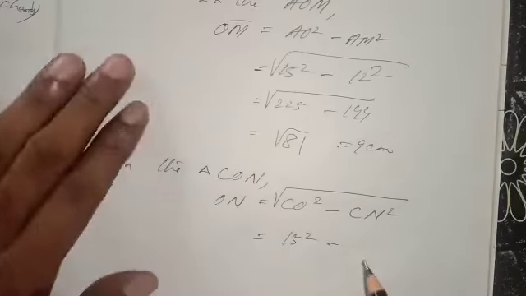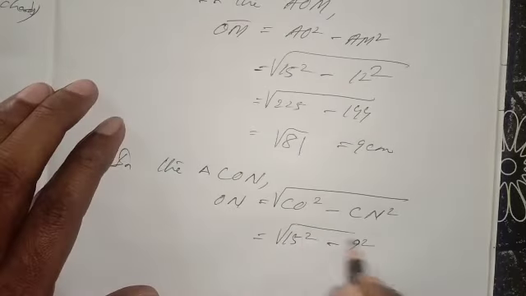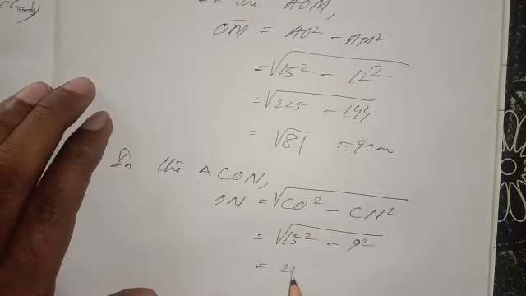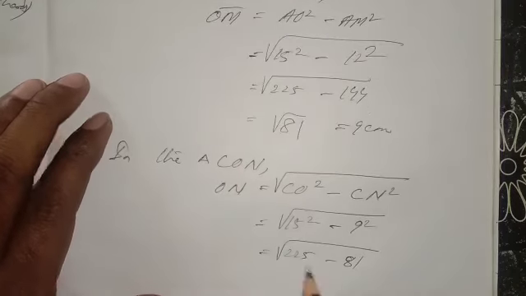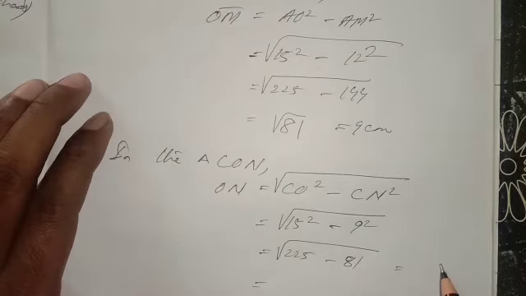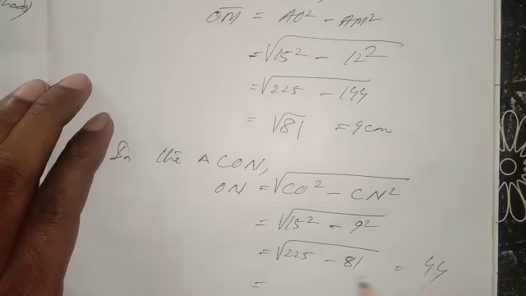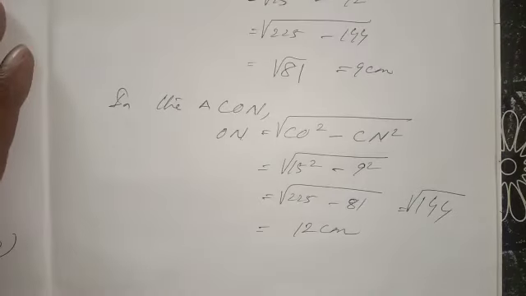CN is 9. 9 whole square. 15 square is 225, 9 whole square is 81. 225 minus 81 is 144, root over, that is 12 centimeter. So how to find out distance between two chords?